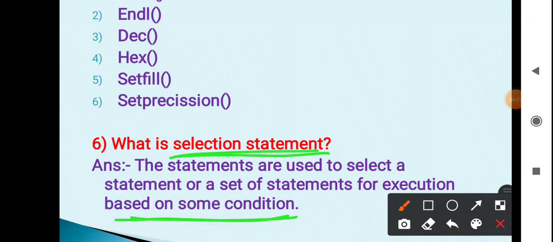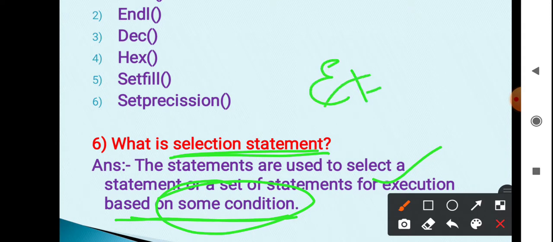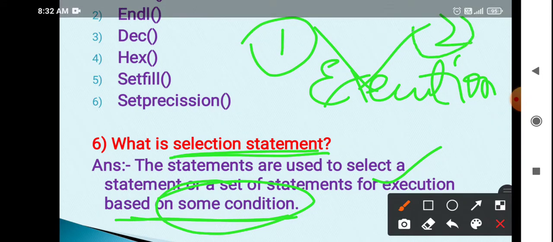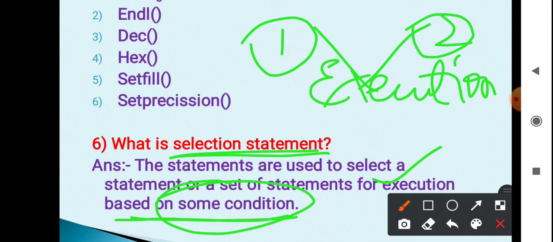Selection statement means we are selecting the statement. We can select one statement or two statements based on some condition. Why we have to select? For the purpose of execution of the program, we have to select either one statement or two statements.